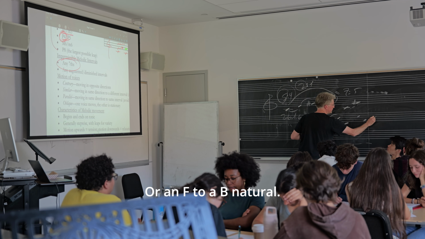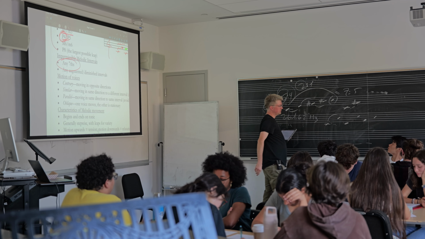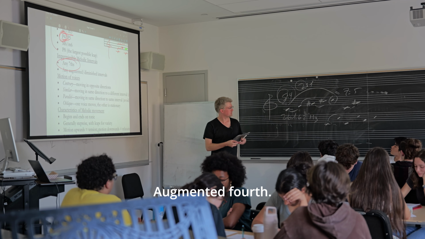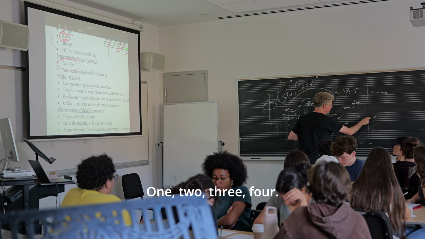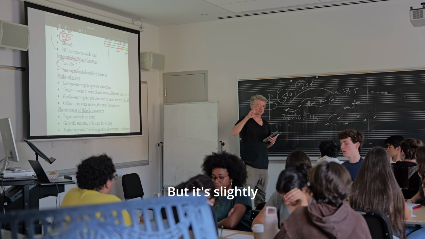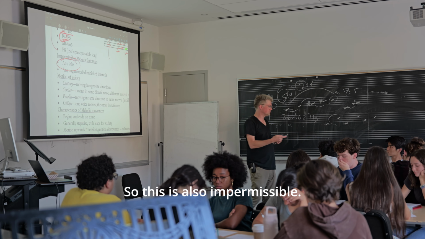Or an F to a B natural. What interval is that? Exactly, four steps, 1, 2, 3, 4, but it's slightly larger than a perfect fourth. So it's an augmented fourth. So this is also impermissible.